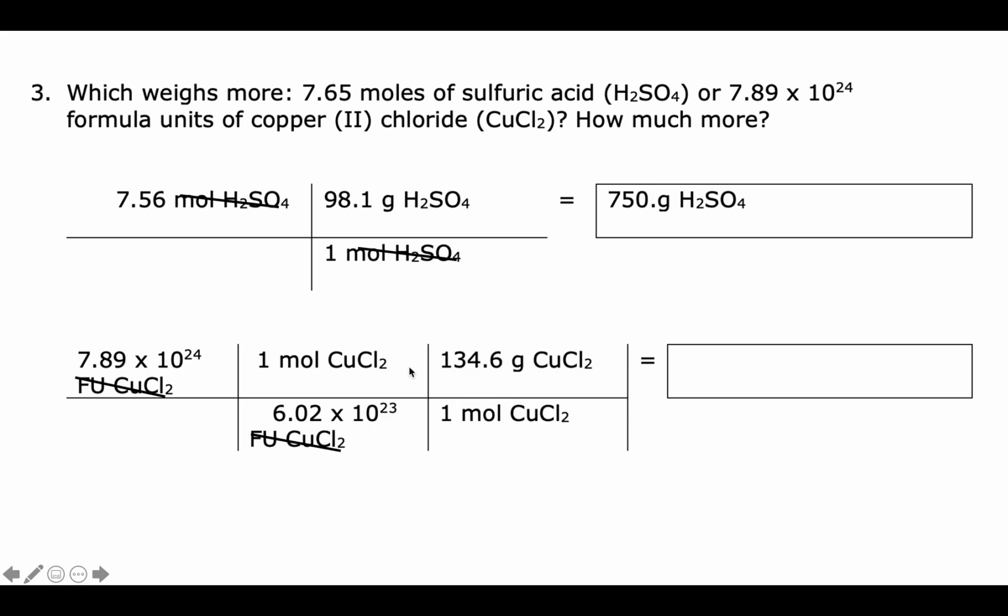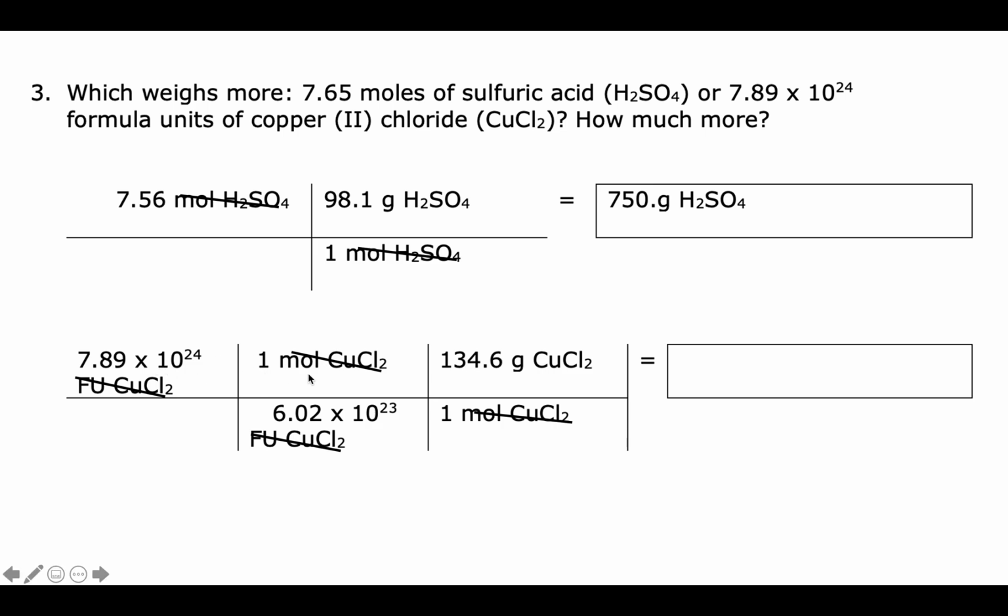Now we add up, and the copper chloride weighs 134.6 grams per mole. Cancel out those moles, and now multiply across. I really want you to know how to use your calculator. If you're having some trouble with that, please get some help.